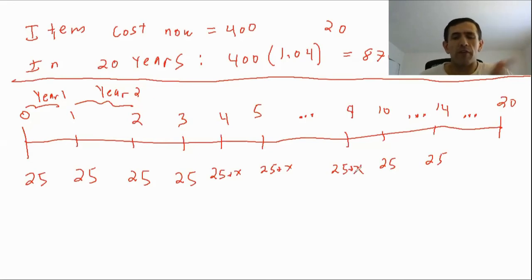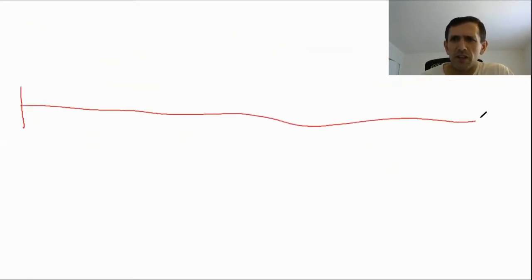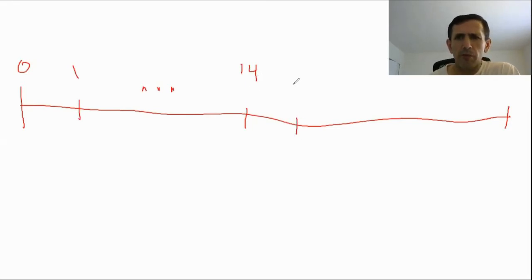We just broke everything up into separate annuities. I'm going to have to give myself more room for these. So in particular, let's do the 25s: 0, 1, go all the way to 14, and I'm going to put a 15 here. I'll explain why in a second.